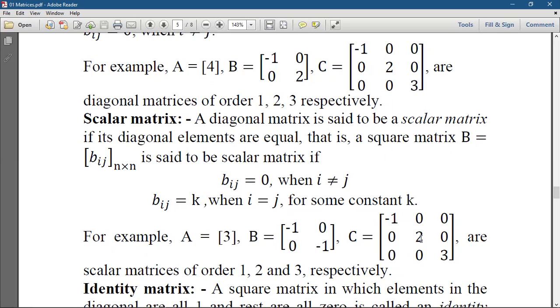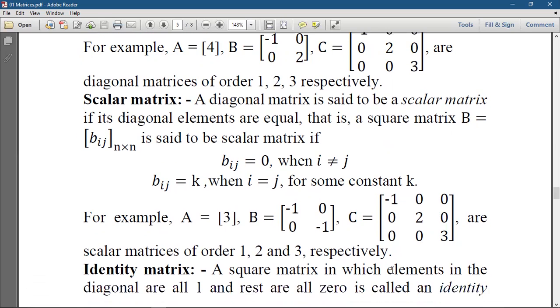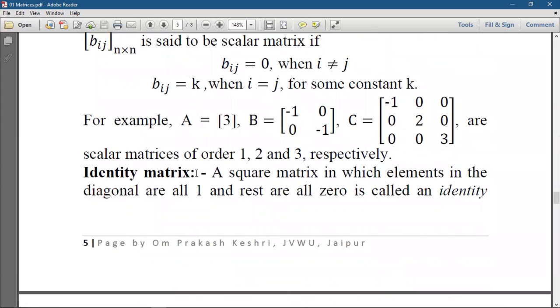When all these diagonal elements are equal, then we can say this is a scalar matrix. So A and B, of order 1 and 2 respectively, are scalar matrices, but C, of order 3, is not a scalar matrix.